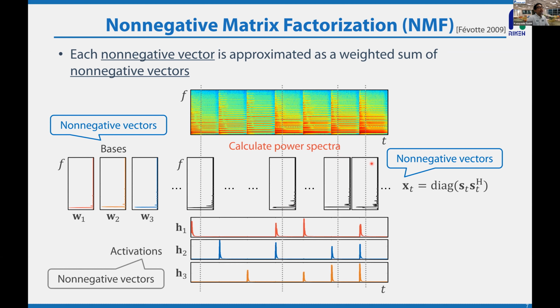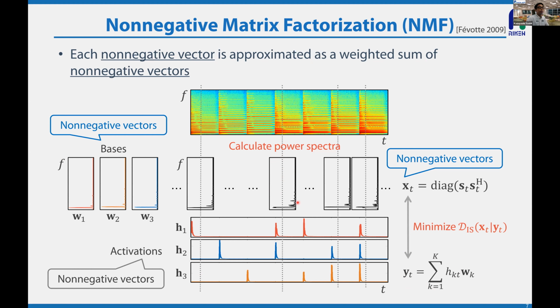What NMF does is to find such non-negative vectors. This is called basis vectors. This is called activation vectors, such that each non-negative mixture vector is approximated as a weighted sum of non-negative basis vectors like this.